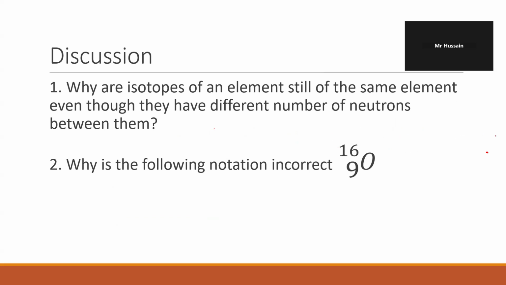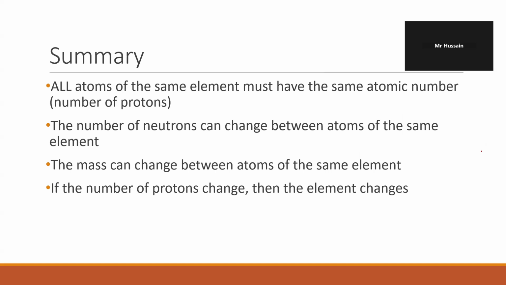So this is a very brief, short and sweet story about isotopes. Recap: all atoms of the same element must have the same atomic number. Always remember, atomic number would never change.